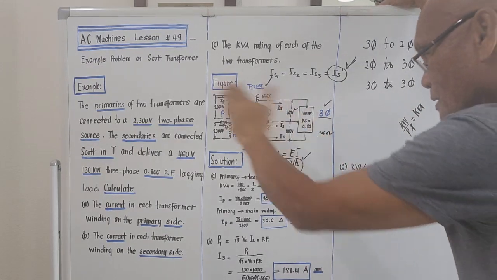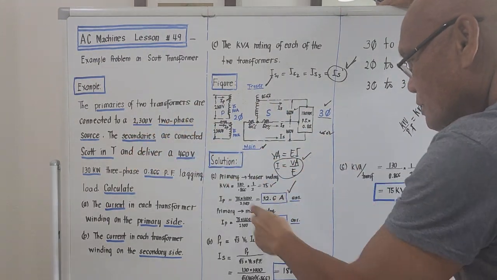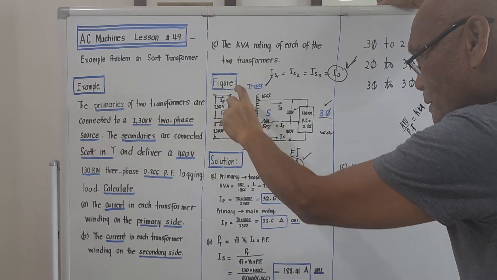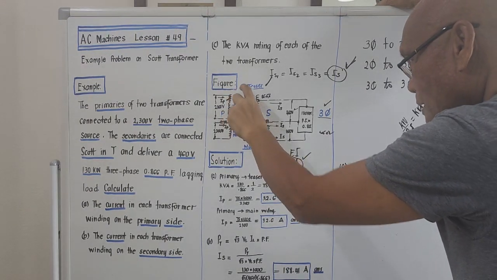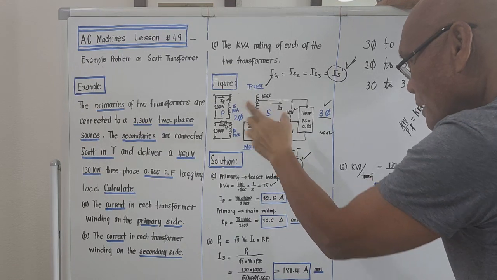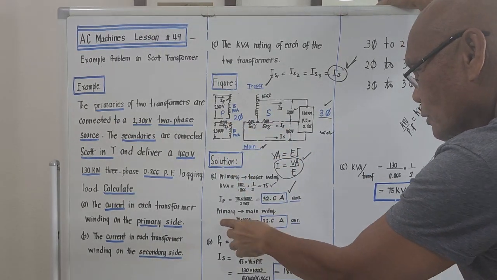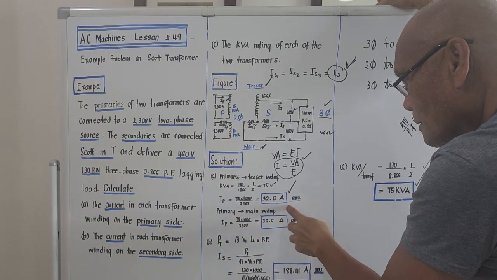Considering again the primary side, but now the main winding. We are now through with the teaser winding. The teaser winding is the winding that contains the 86.6% tap. If the tapping is 50%, that's the main winding. So we go now to the primary side main winding.